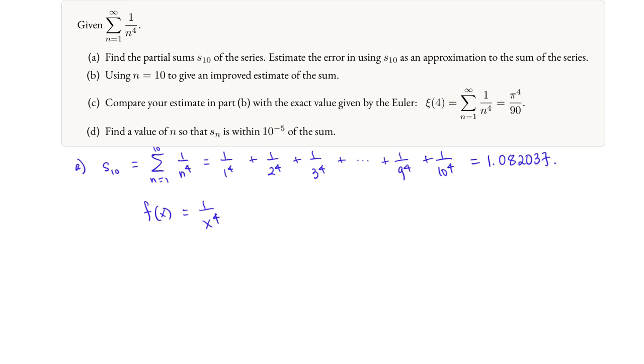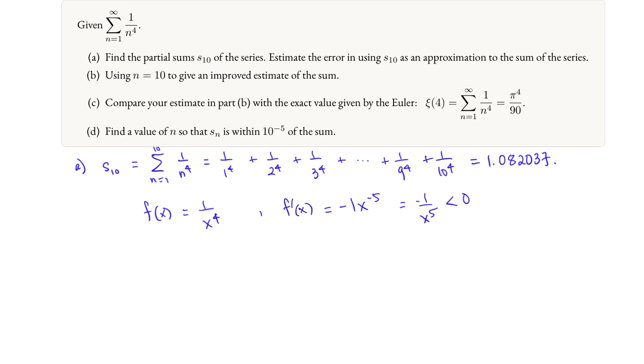Using the continuous function f of x equals 1 over x to the fourth, we know that it is decreasing because the first derivative is minus 1 x to the negative 5, which is minus 1 over x to the fifth, which is clearly negative because x is n and n goes from 1 to infinity. If the derivative is negative, then the function is decreasing, but the function is the terms in this series.